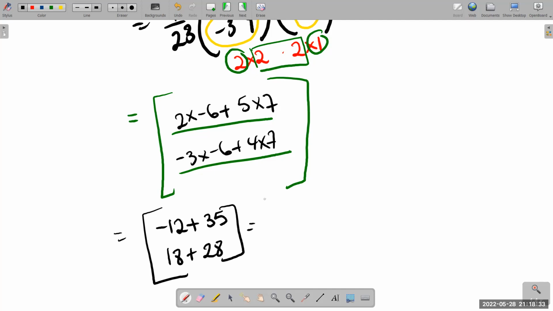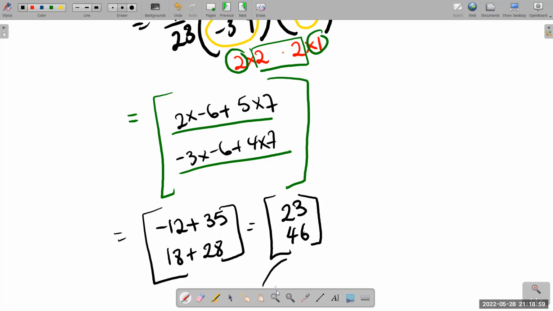Let me know. And this, you know the rules. When the signs are different, you subtract and your answer takes the sign of the bigger number. So 35 minus 12 is 23. And 18 plus 28, that's 46.